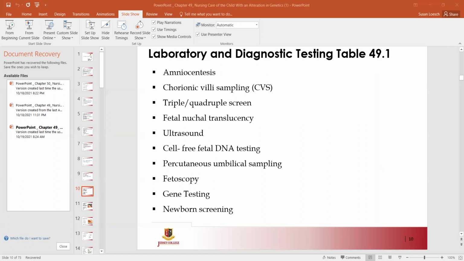And diagnostic second trimester amniocentesis is usually performed between the weeks of 16 and 20. Sometimes you'll see 15 to 18, so it can be done as early as week 14 if there's an issue.